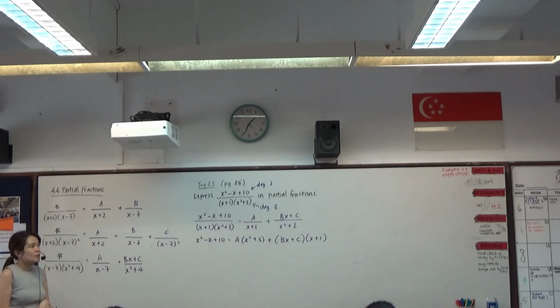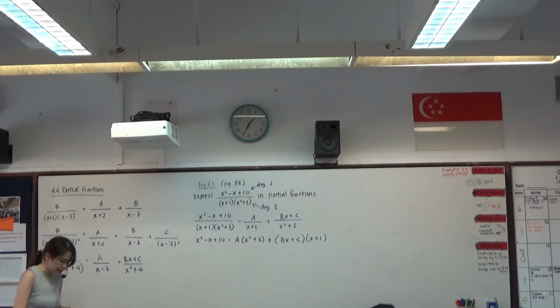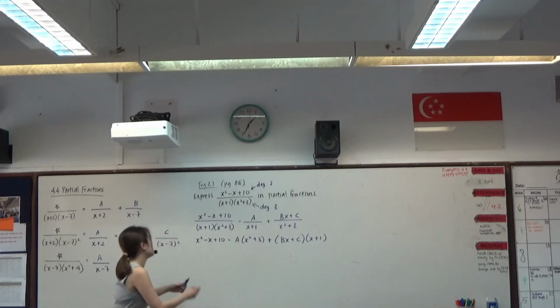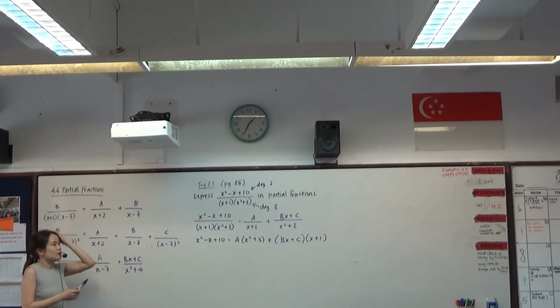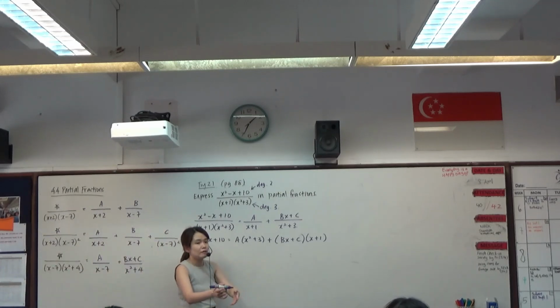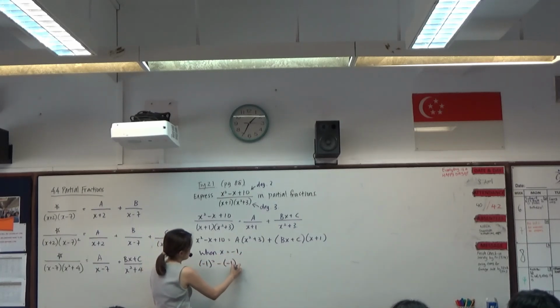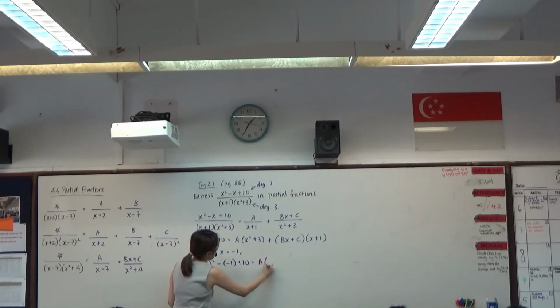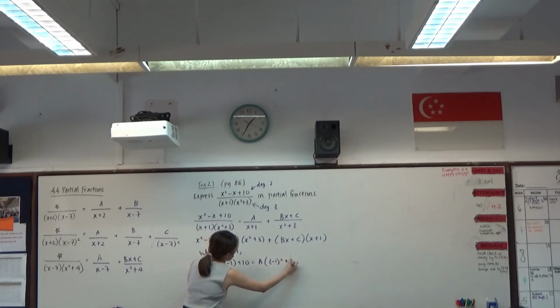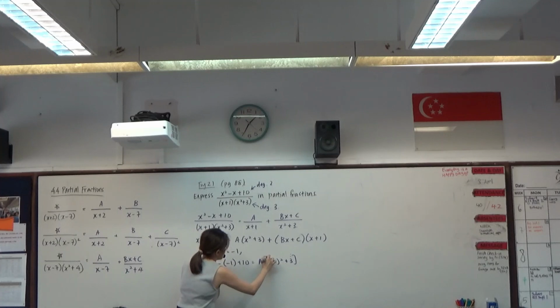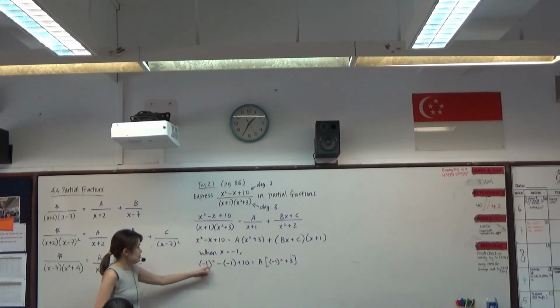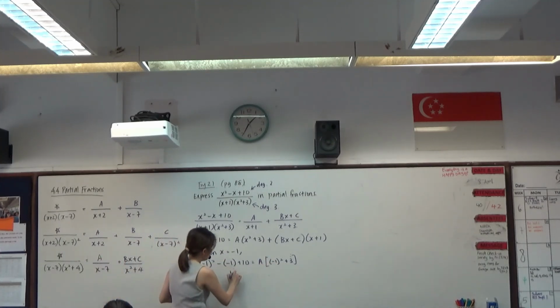Then, as usual, our goal is to find out the values of A, B, and C. Let x equal to -1, then we can find the value of A. When x equals -1, we will have 1 plus 1, 2, plus 10, 12.